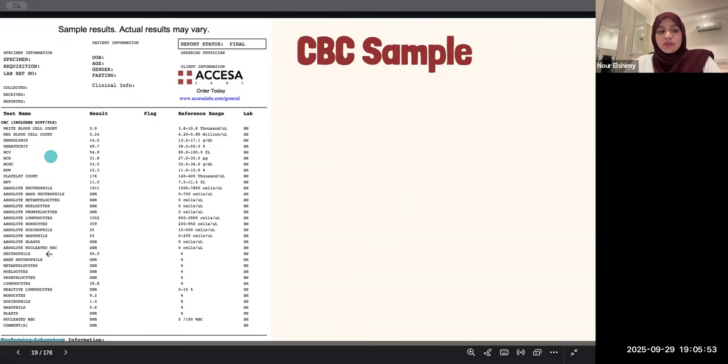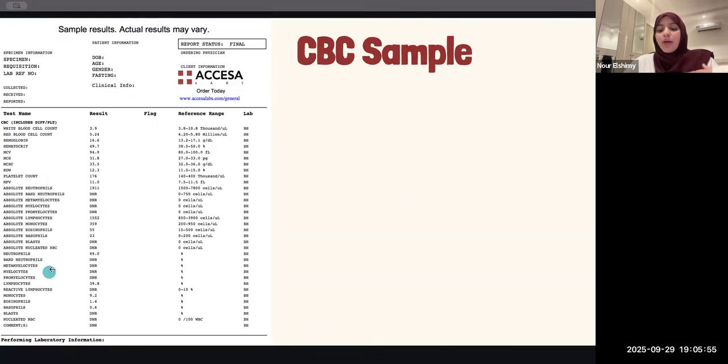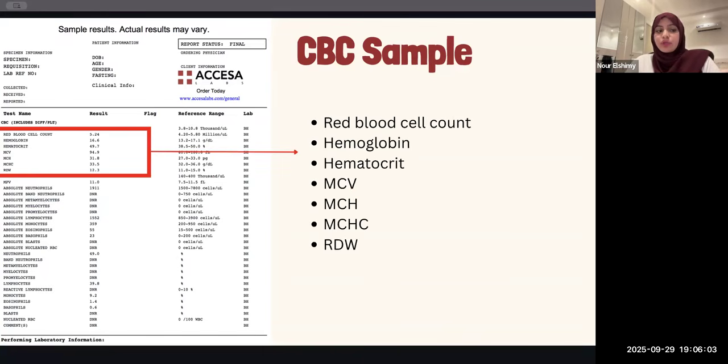Now, there are a lot of test names, there are a lot of things. But if you are concerned with anemia, you're going to have to look at specific tests, okay? And those are the tests that you're going to be looking at. There are 7: red blood cell count, hemoglobin, hematocrit, MCV, MCH, MCHC, and RDW. We're going to talk about each and every one of them.